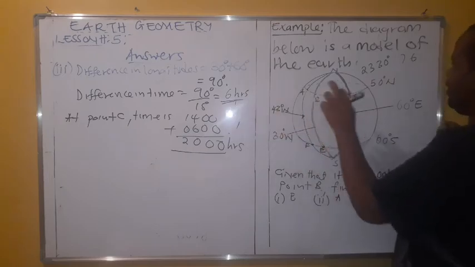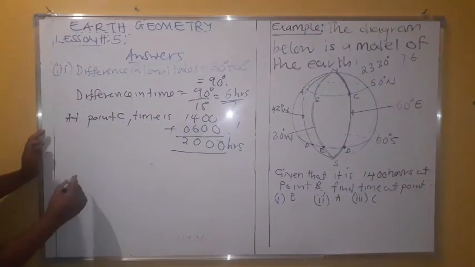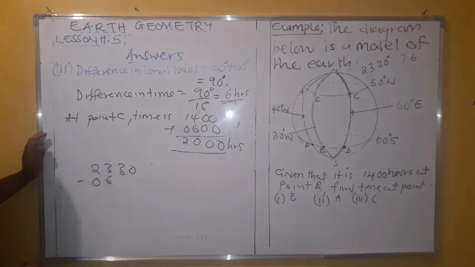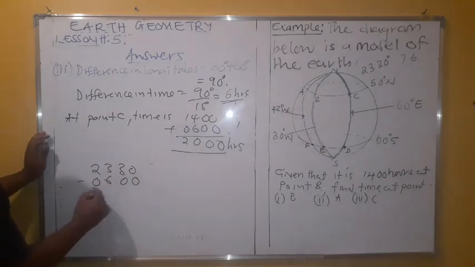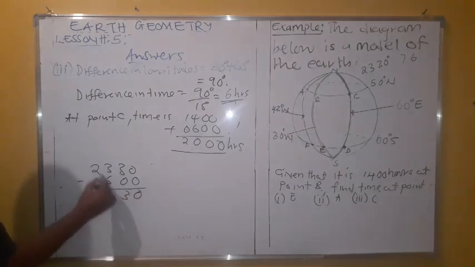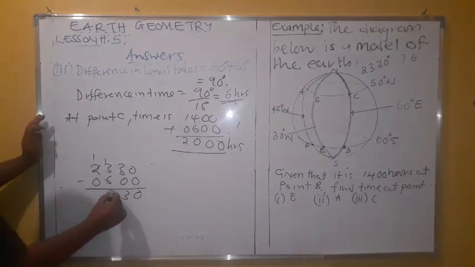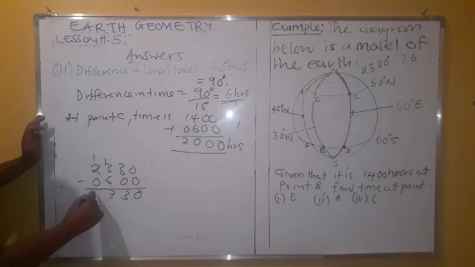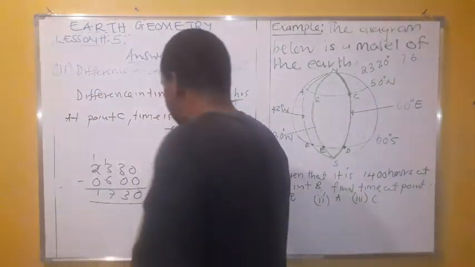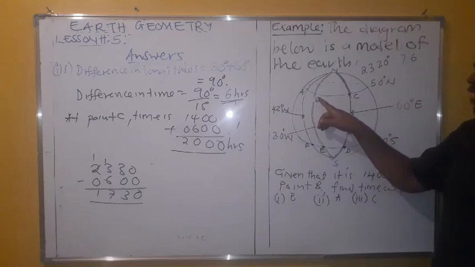That will be the time at B. Since it's 23:30 there, minus 06 hours, it will be 17:30 hours. So at this point, it will be 17:30.